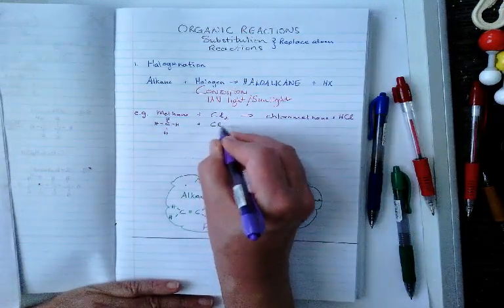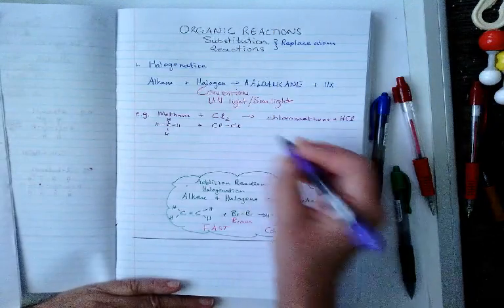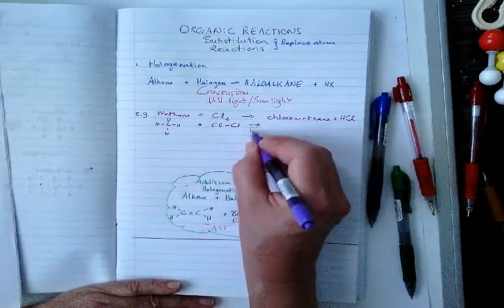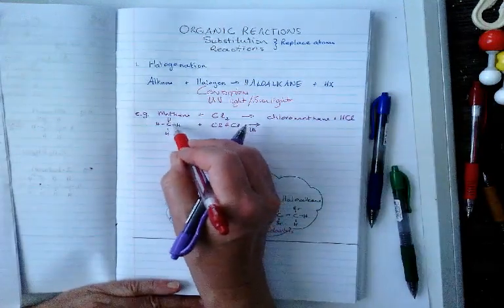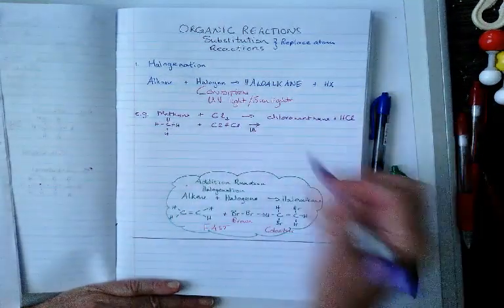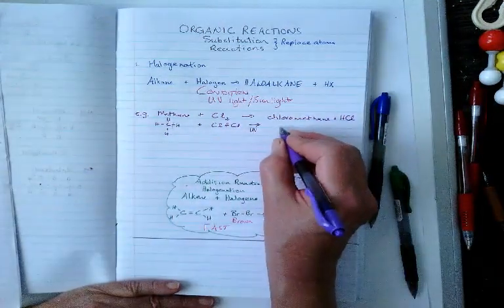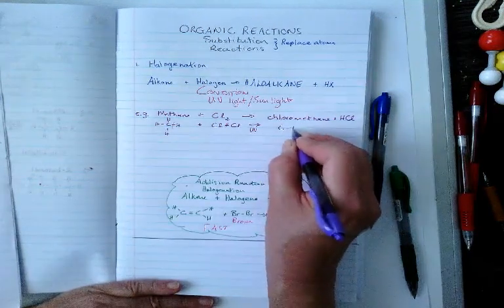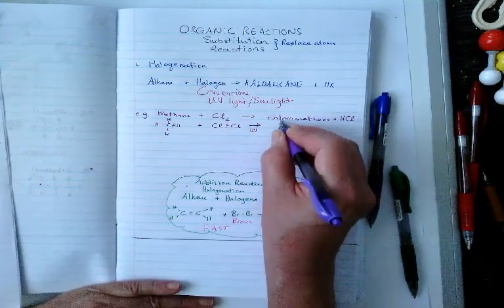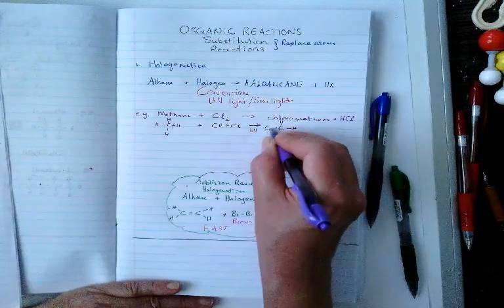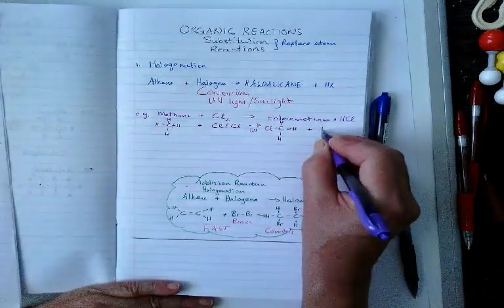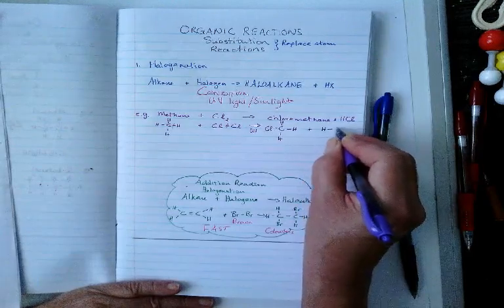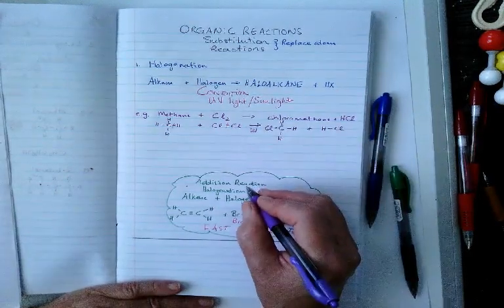And chlorine. Now, the bond in the presence of UV light will break, and one of the hydrogens will break off to make chloromethane. And the hydrogen joins onto the chlorine that remains from the atom.